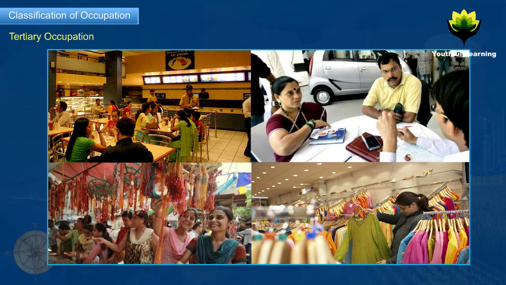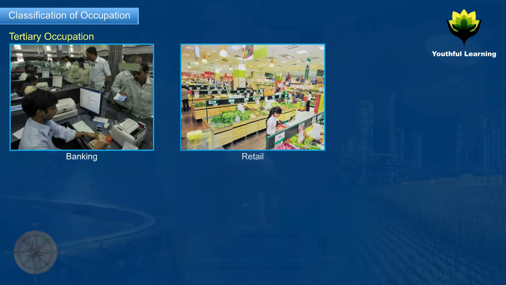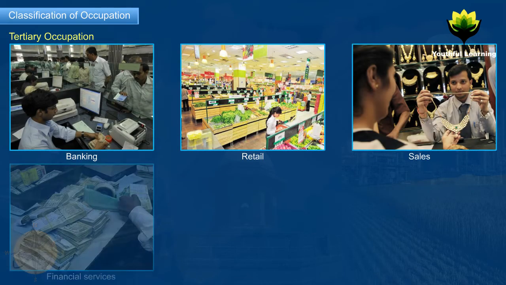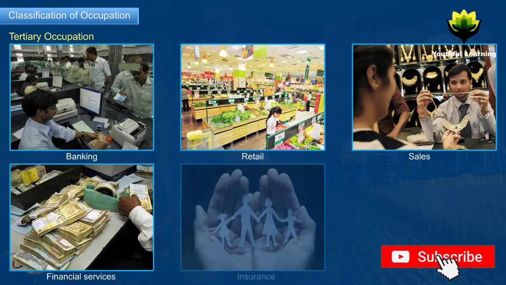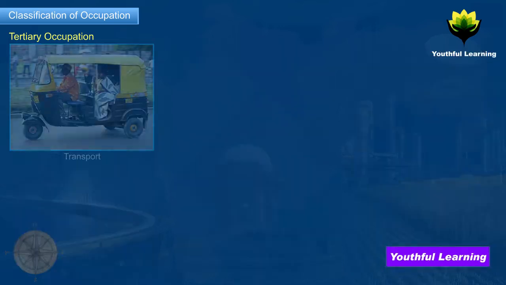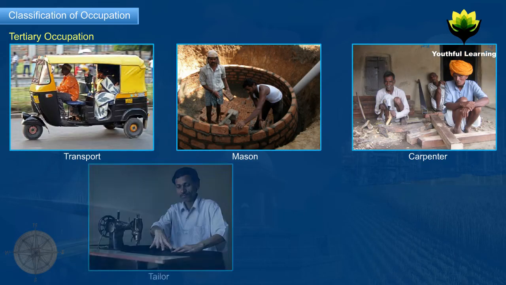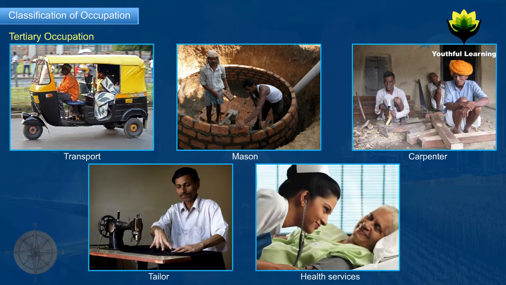Examples of tertiary occupations are banking, retail, sales, financial services, insurance, education, transport, mason, carpenter, tailor, health services, etc.